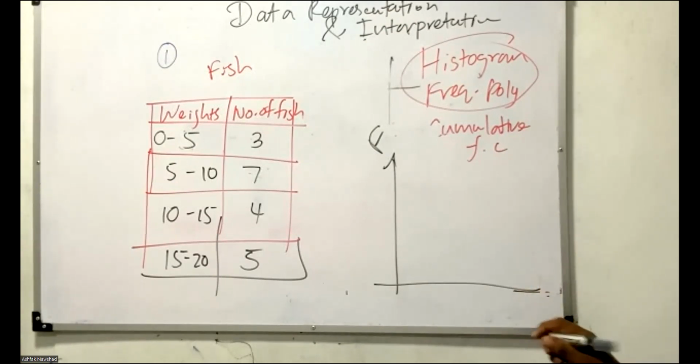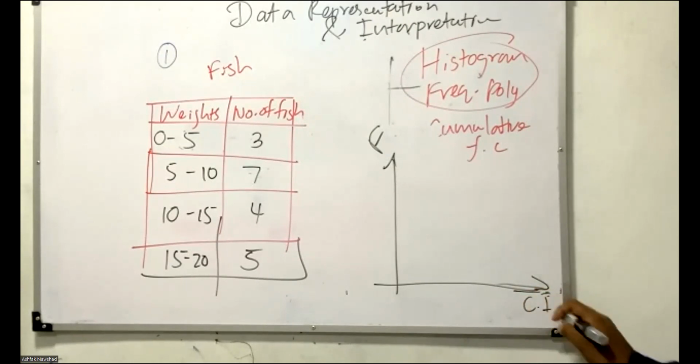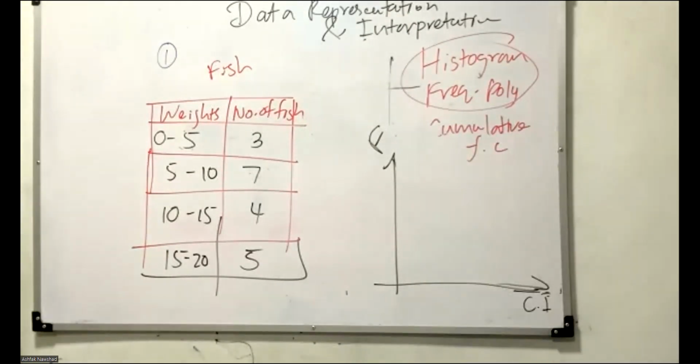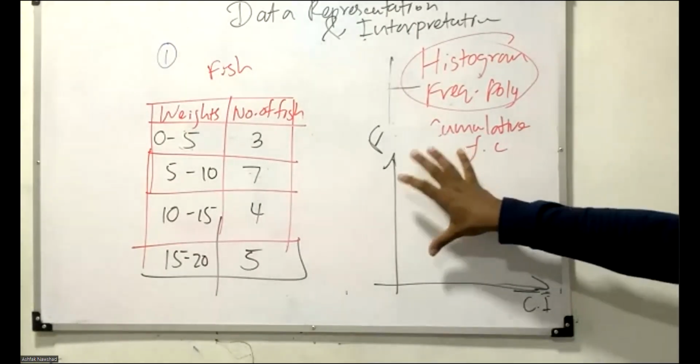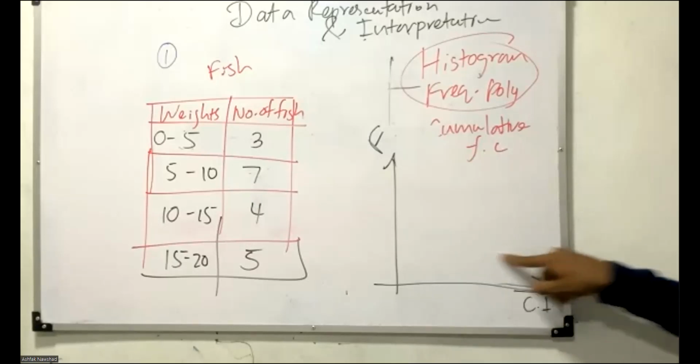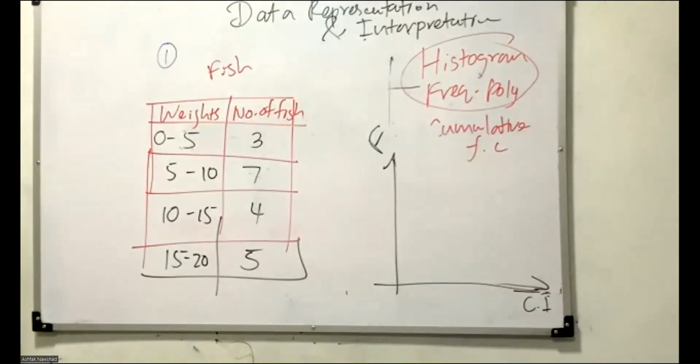Yeah, the x-axis would be exactly the class interval, right? They give you the graph and you just have to draw the histogram, but you need to know the basics. Always the y-axis is frequency and the x-axis will be class interval.